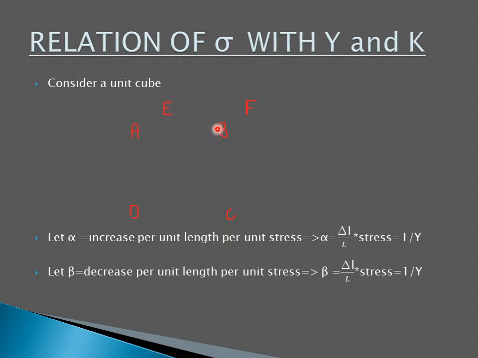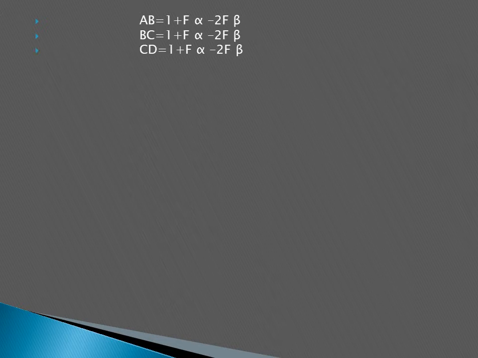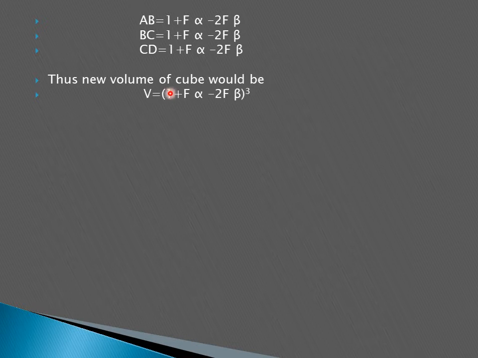Consider B as an elongation point. When we apply force, the side AB would expand and BC and BF would contract. So the new length AB would be equal to 1 plus F alpha minus 2F beta, that would be equal to the length of BC and that would be equal to the length of CD. Thus, the new volume of the cube would be (1 plus F alpha minus 2F beta) whole cube.